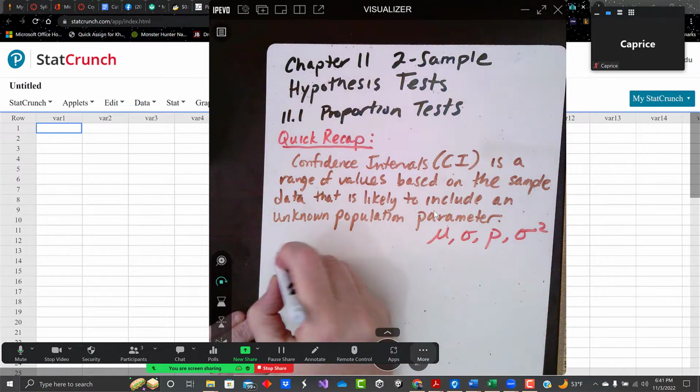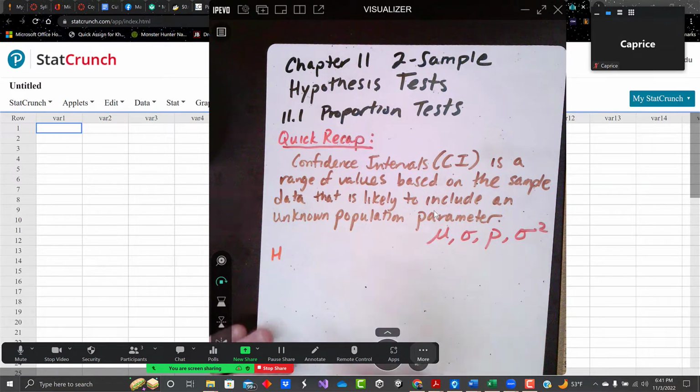And hypothesis testing. Oh, the orange looks like blue or red, so I'll switch to blue.